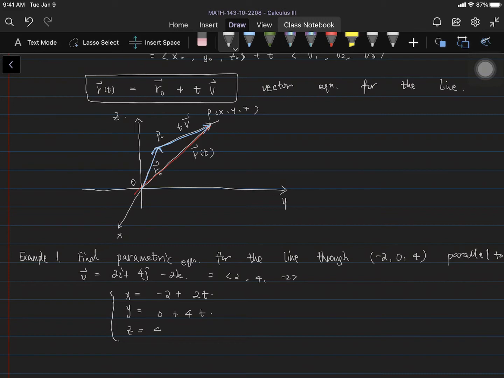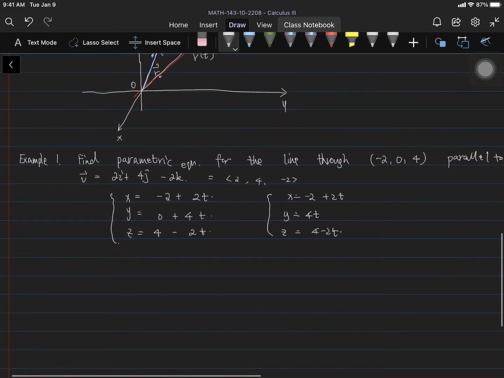Z equals z naught, 4, plus v3t, so minus 2t. If we simplify, x equals -2 plus 2t, y equals just 4t, z equals 4 minus 2t. That's the parametric equation for the line.